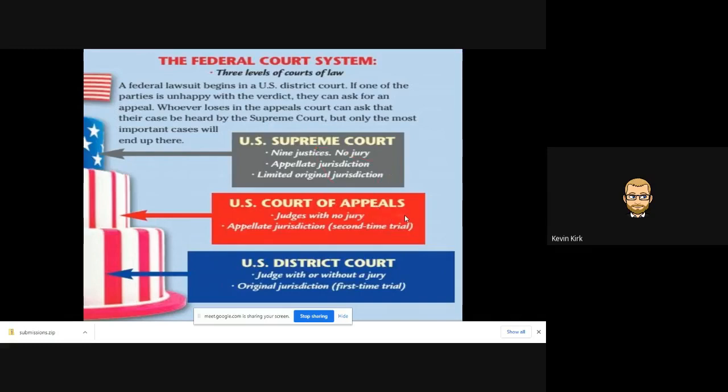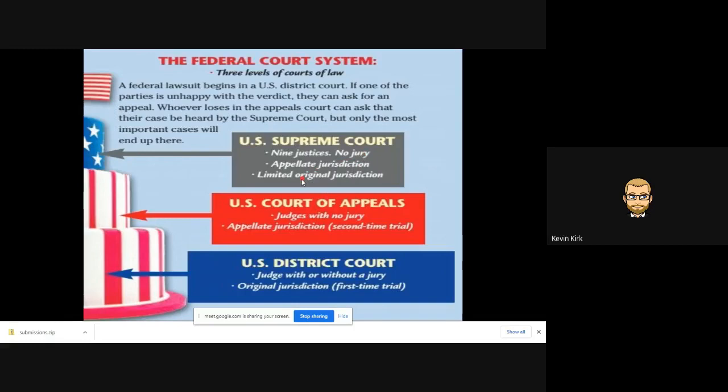The highest court in the land where you can appeal a case is called the U.S. Supreme Court. Now, the Supreme Court has no judges. Instead, they have 9 justices. There is no jury in the U.S. Supreme Court, but they have 2 kinds of jurisdiction. Appellate jurisdiction from the U.S. Court of Appeals. They will hear cases from the Court of Appeals, or limited original cases.